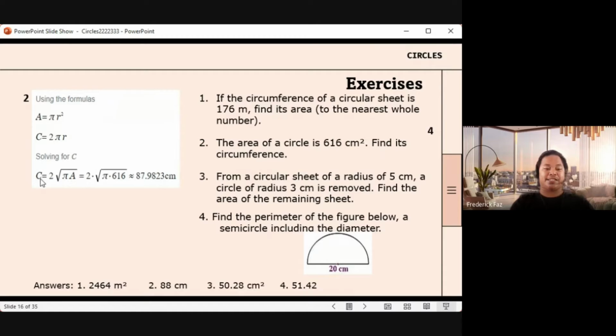In these given formulas, we can derive the formula for the circumference, which is equal to 2 times the square root of pi times the area, which is equal to 616. So, multiply 616 by pi and take the square root and multiply by 2. The result is 87.9823 centimeters, or in the nearest whole number, it is approximately 88 centimeters po.